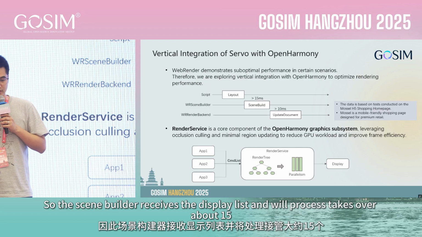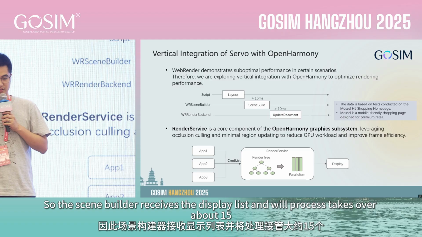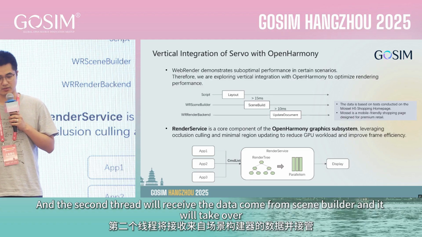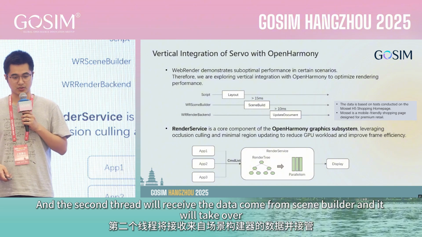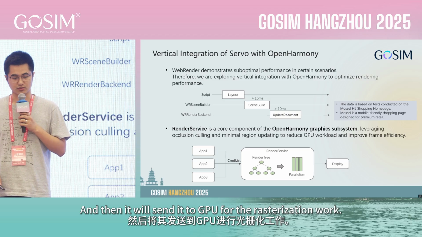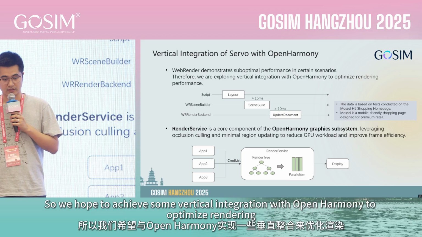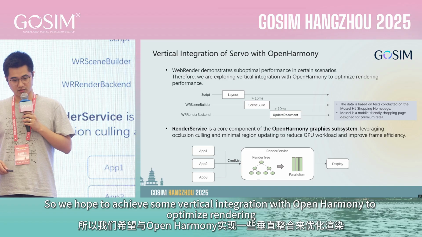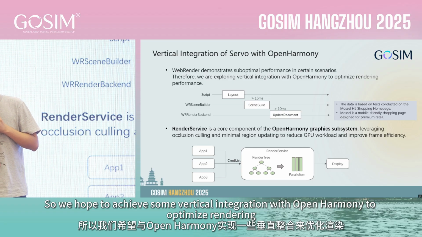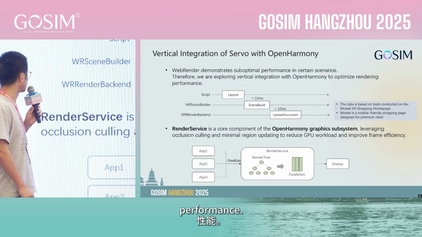The SceneBuilder receives the display list and takes about 15 milliseconds, and the second thread receives the data from the SceneBuilder and takes over 10 milliseconds, and then sends it to the GPU for the rasterization work. So we hope to achieve some vertical integration with OpenHarmony to optimize rendering performance.